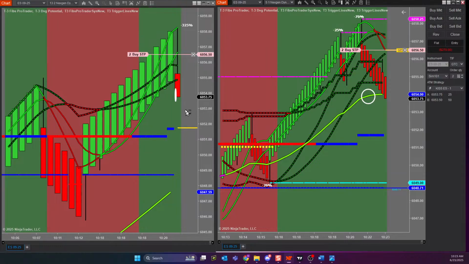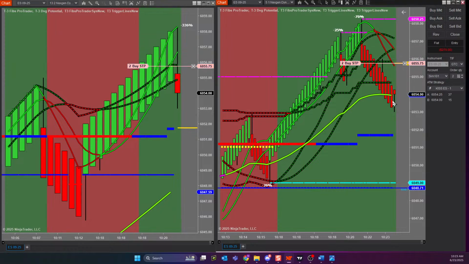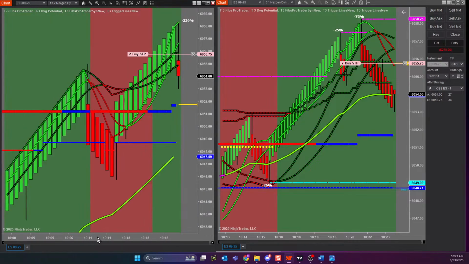I'm just talking advantages every day. What's for it? What's against it? I don't have an entry. And watch, if it gets another bar down, it's 100% not my trade. But I'm right at the area that may create a bounce. I've got my momentum. I've got nothing in the way.